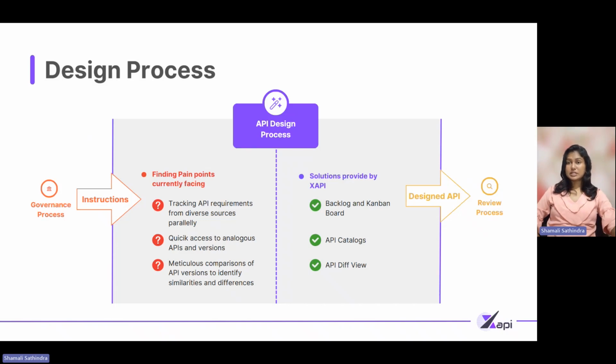As an initial step, designers require quick access to existing APIs. However, designers must spend time extensively to find similar APIs and versions. Even after they find similar APIs and versions, their design time would be spent comparing the similarities and differences between the code of different APIs and versions.